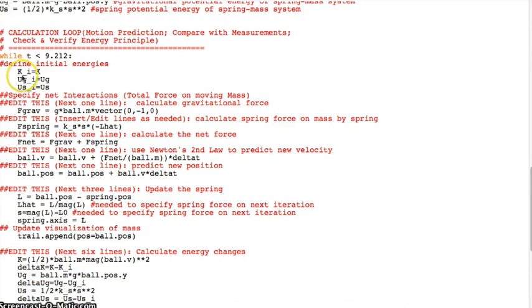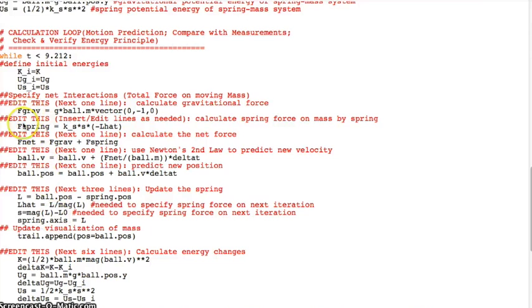And this is how it is updated. K initial is used as K, and then K final is later found by using the updated K, which is the final minus the new, which gives us our change in kinetic energy.